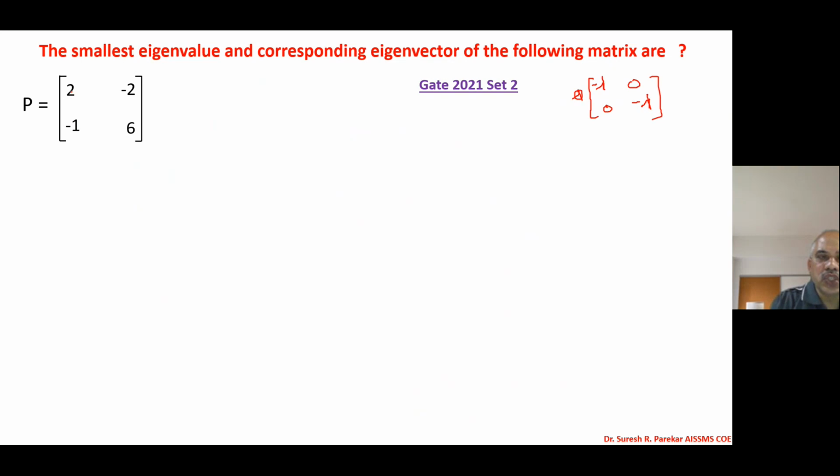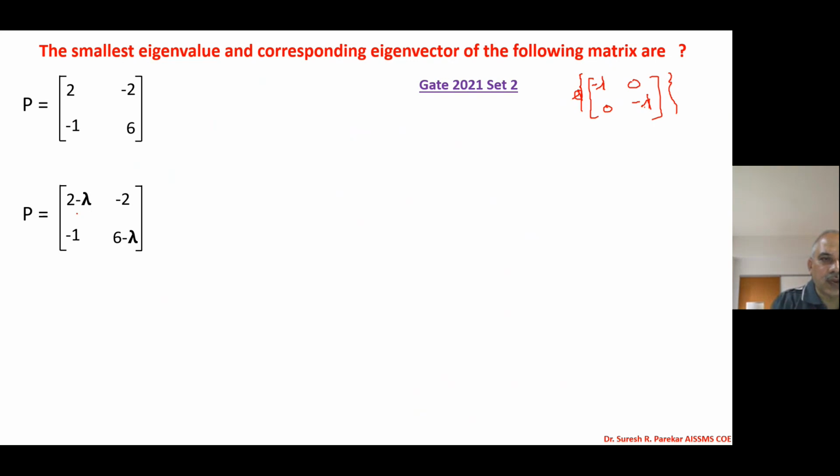Therefore it becomes 2 minus lambda, minus 2, minus 1, and 6 minus lambda. So in A, we have to add this, so automatically the first and fourth entries become minus. So you can see 2 minus lambda, minus 2, minus 1, 6 minus lambda.